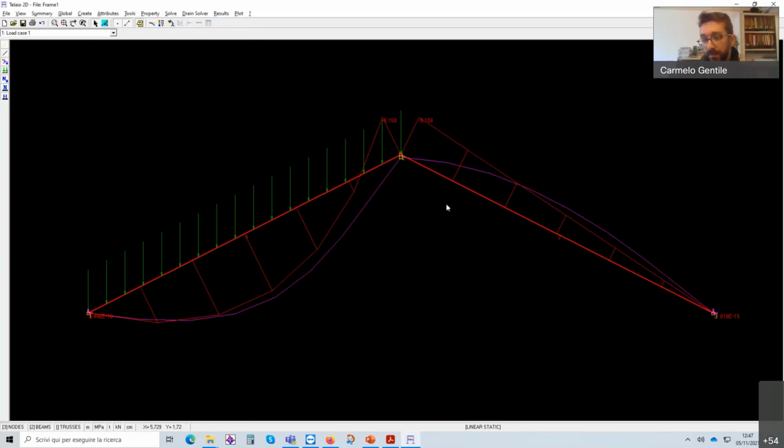Yes or no? If you say we didn't define node 2, I expect that you're not satisfied with the result. And so I want to hear out loud why you're not satisfied. Here I am plotting in purple the deformation and in red the bending moment.